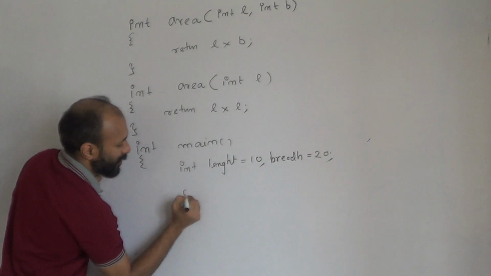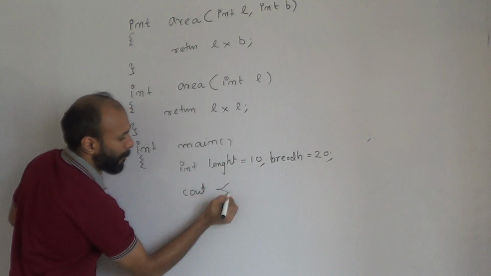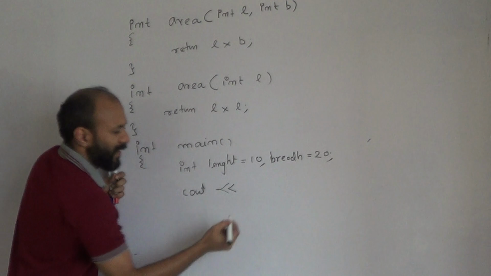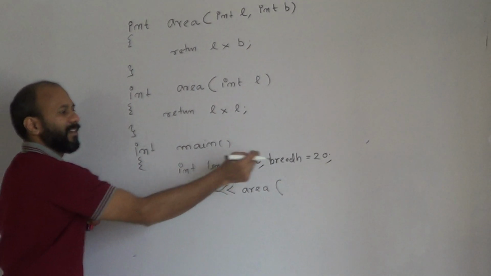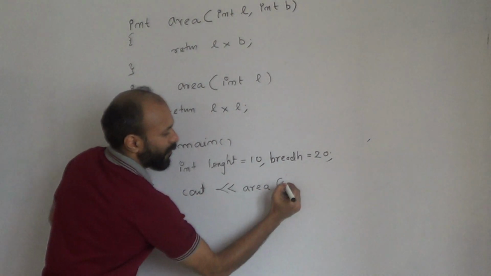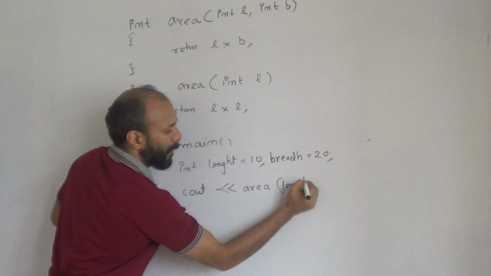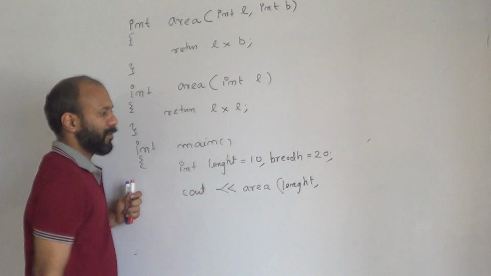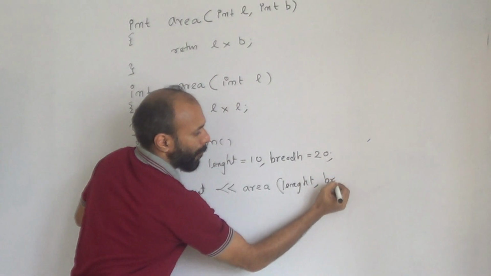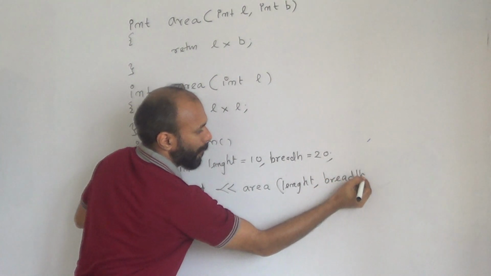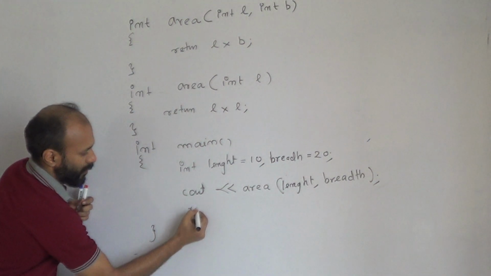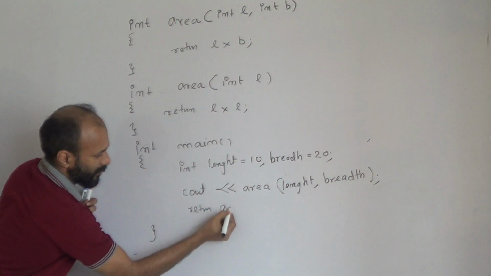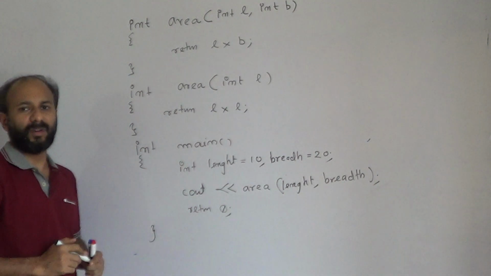Here I am writing cout, calling area, and passing length as well as breadth: length comma breadth. Now the function is returning 0. This is my product.